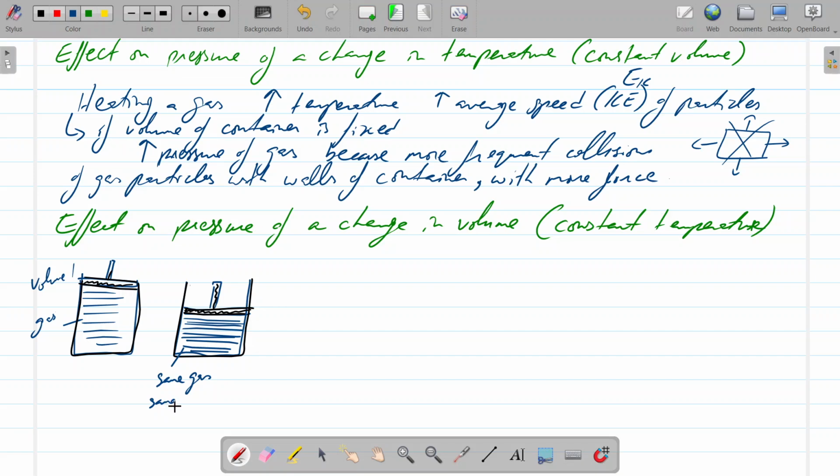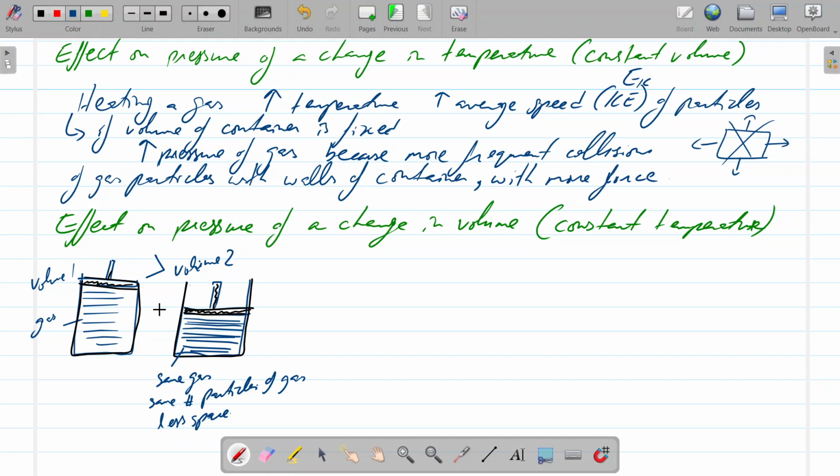And the same number of particles of the gas in less space, right? You've got volume 2, and volume 2 is less than volume 1. You understand the symbol, right? Yeah. Aram? Yes. Okay. So volume 2 is less than volume 1.